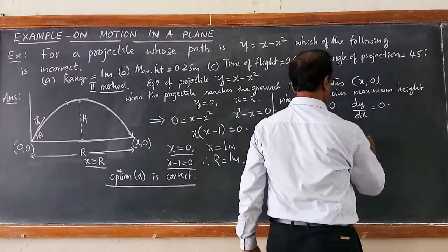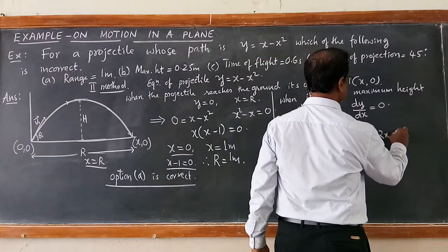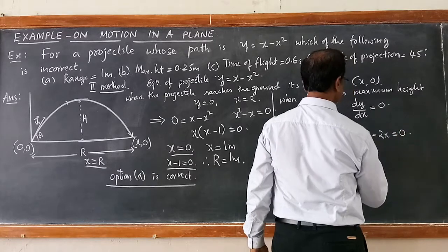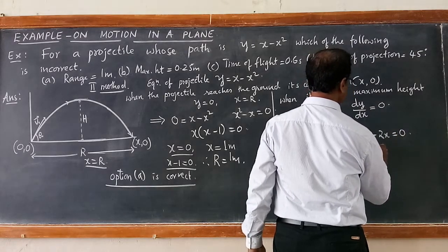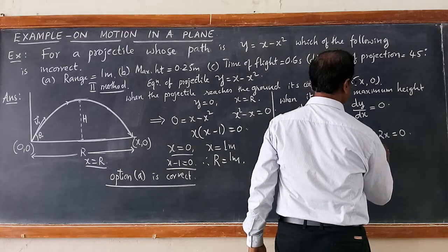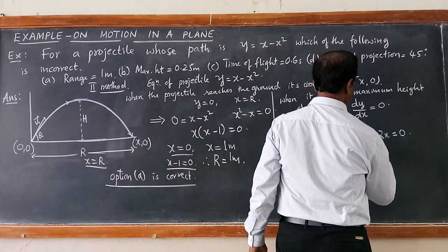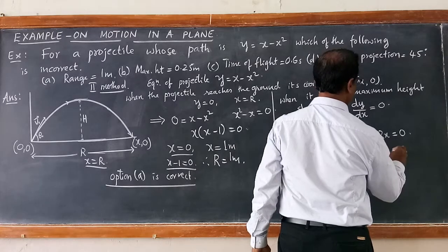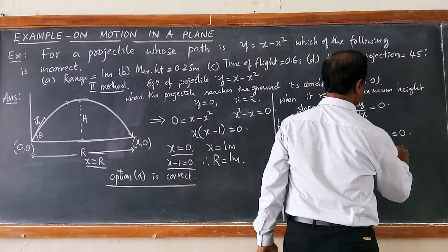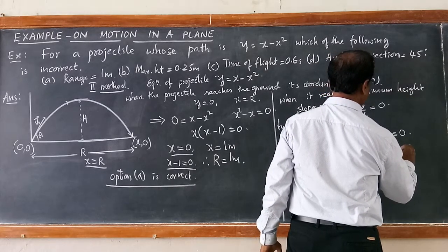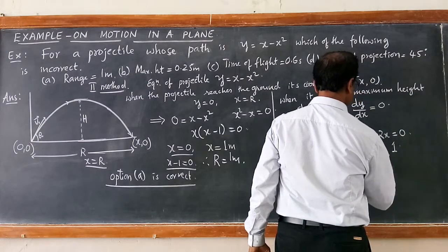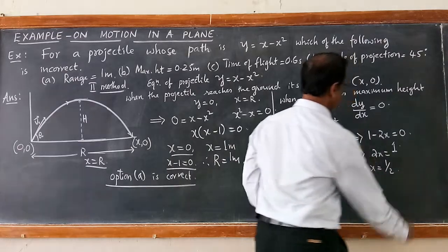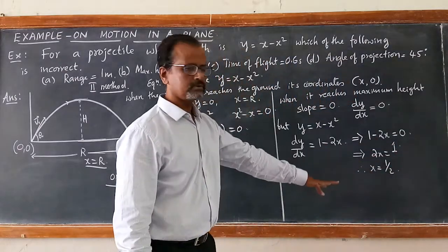That gives us 2x is equal to 1. Therefore, x is equal to 1 by 2.